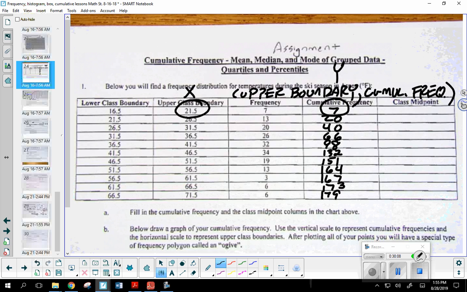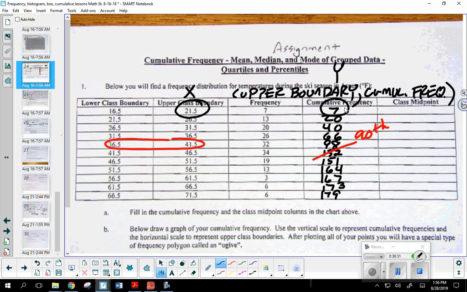We'll start with this. 7, way too low for 90. Plus 20, plus 40, plus 66. But by 98, you'll notice I can't go any further because I'm looking for the 90th term. That would represent half of the data. So it would fall right here.